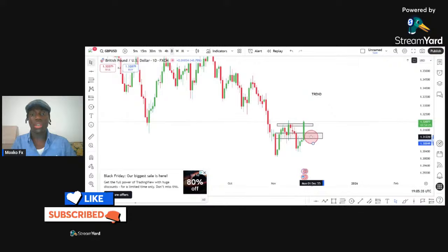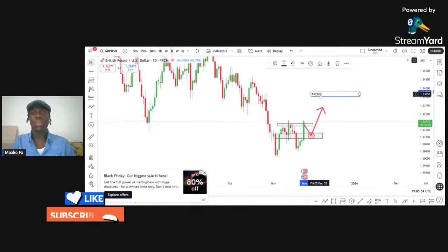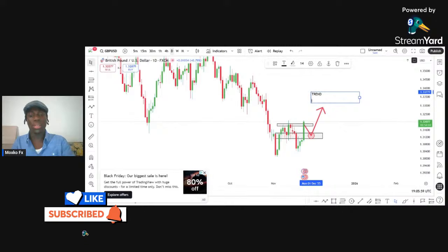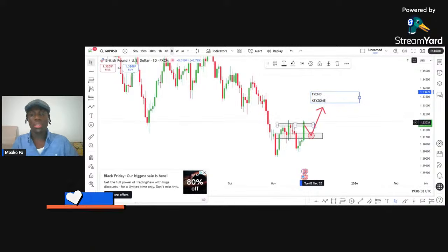So we are expecting price to retrace back to this zone, then we buy to the upper side. So automatically we've been able to solve our trend and also our key zone. This circle here is our key zone on GU.